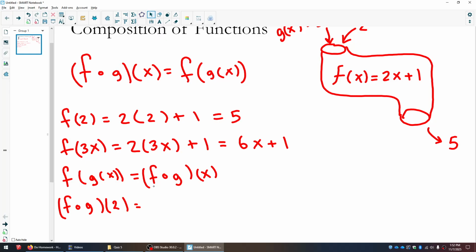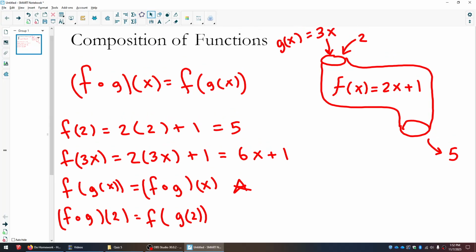Looking at this equation right here, f circle g of x is f of g of x. So f circle g of 2 would be f of g of 2. Well, what is g of 2? We go back up here. We say, g of x, that's just 3x.